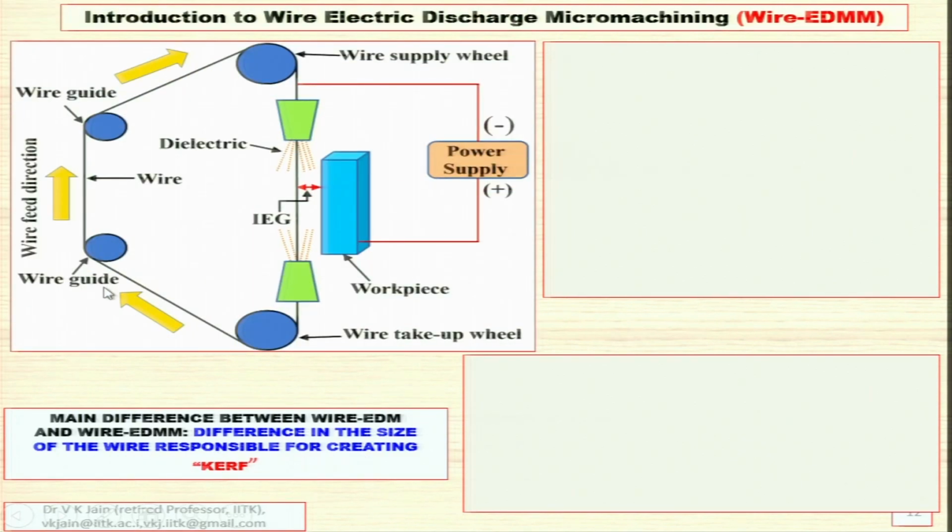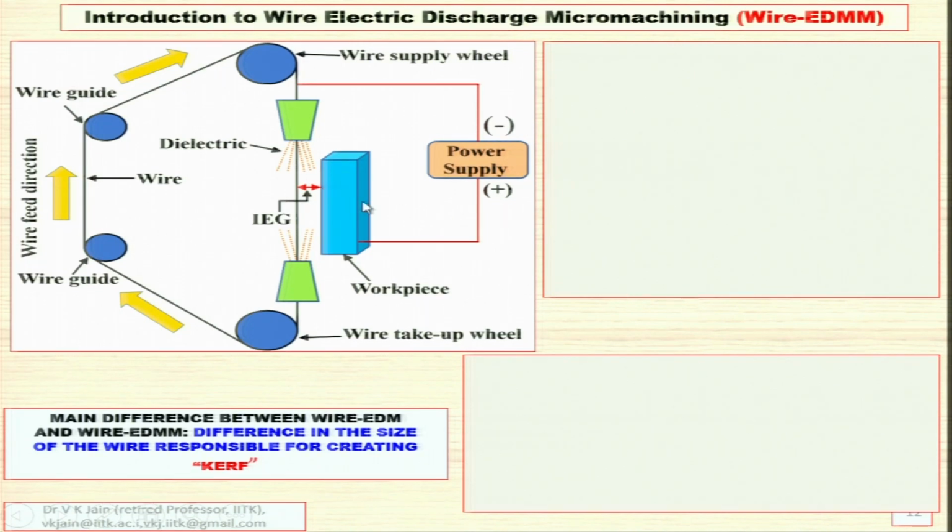You can see another picture over here. Wire feed, this is the wire take up wheel moving like this. Wire guide is there, wire is here, wire feed direction, wire guide is there, it is coming over here, wire supply wheel is there, and this is the dielectric, this is the wire, this is the workpiece over there which will be cut by sparking, and this is the inter electrode gap, the gap between the wire outer surface and the surface which is to be machined on the workpiece.